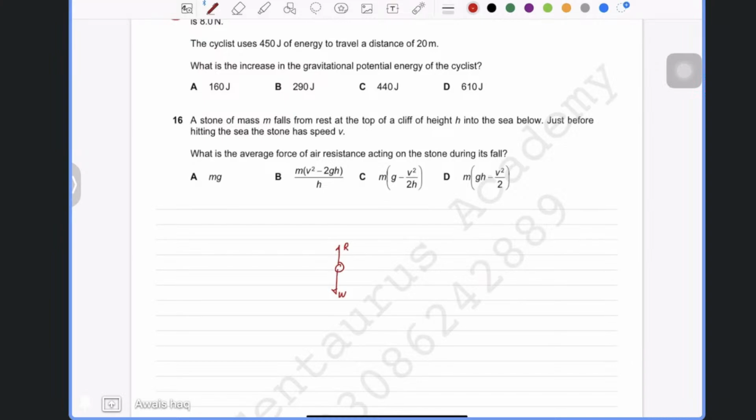And the gravitational potential energy is basically changing into kinetic energy, plus it is doing work against friction or drag, right? So we want to find the average force. Gravitational potential energy will be mgh, kinetic energy will be half mv squared, and the work would be force times the height it has fallen. Do you guys understand that?